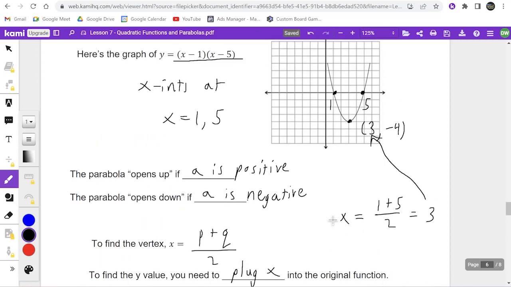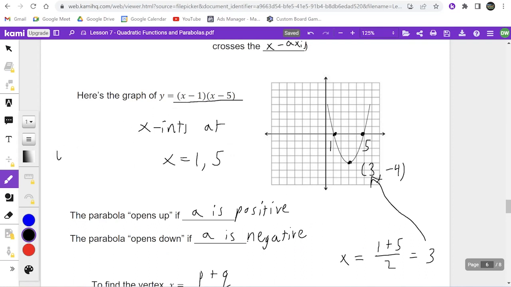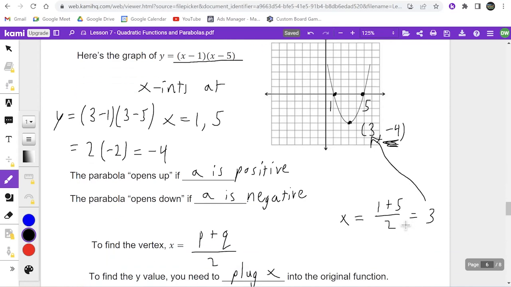We said x was 3, so y equals 3 minus 1 times 3 minus 5. It's going to be 2 times negative 2, and we get negative 4, which is what I said for the y vertex anyway. So it looks like this formula works, which is good, because if it didn't, I don't know what we would do.